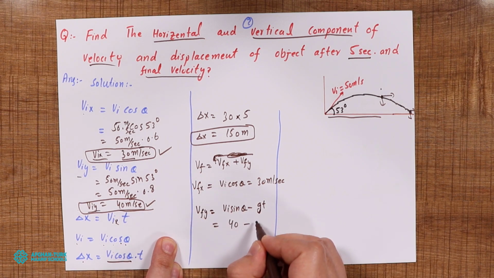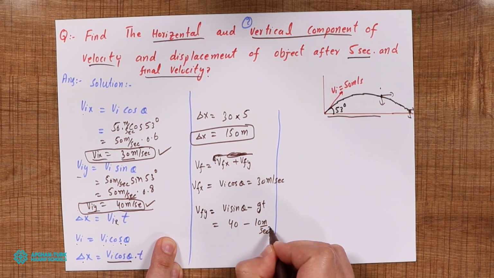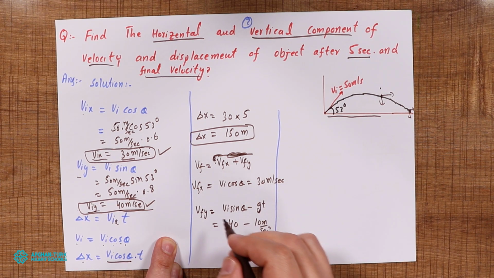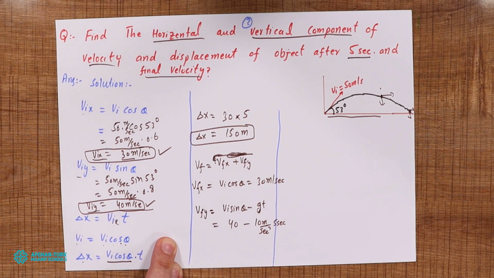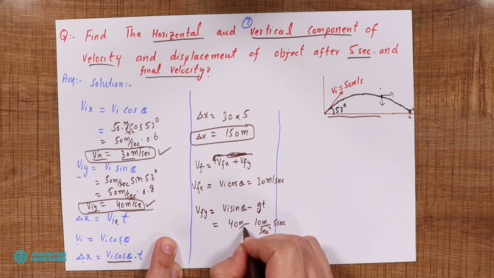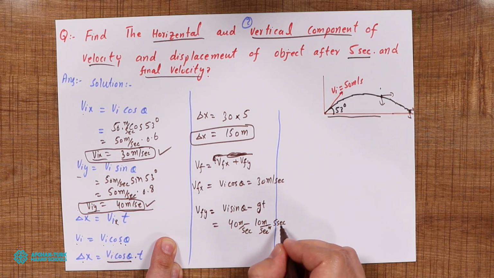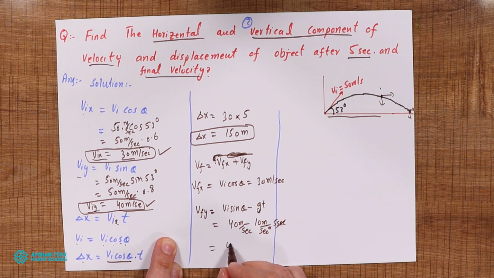Now 40 minus g, where g is equal to 10 meter per second square, and the time is 5 second. So this is also meter per second. The second square will be cancelled with second, and 10 multiplied by 5 is 50.